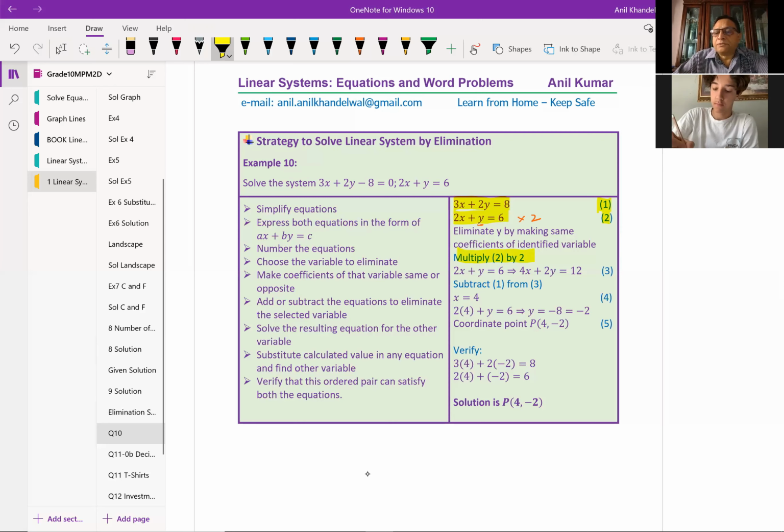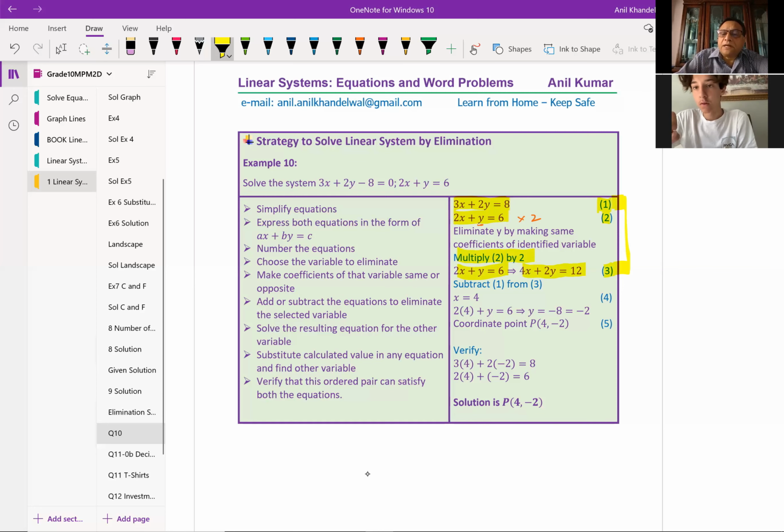See, the numbering helps to communicate. The second equation was 2x plus y equals 6. When you multiply that, what do you get? When you multiply this equation by 2, you get 4x plus 2y equals 12. We'll number this as equation number 3. Clear? Now, we need to eliminate y. So we have equation 1 and 3 to work with, correct?